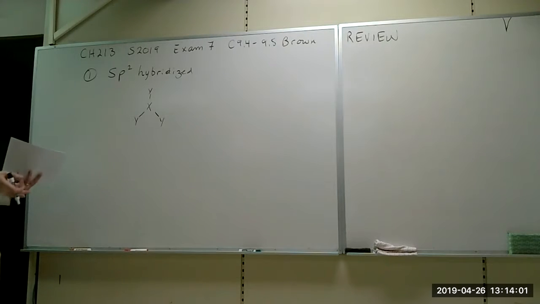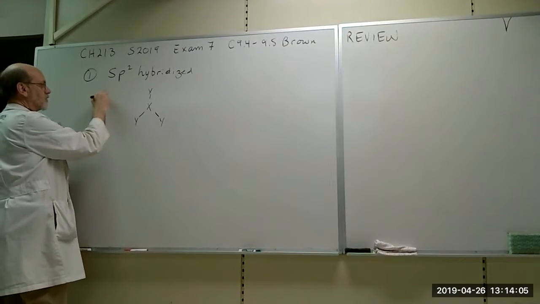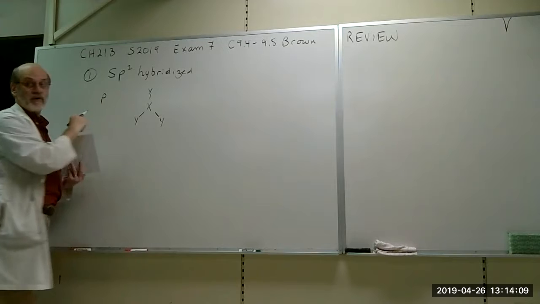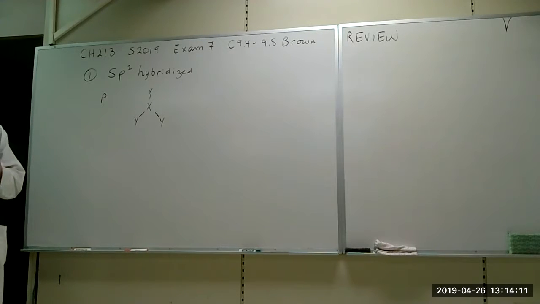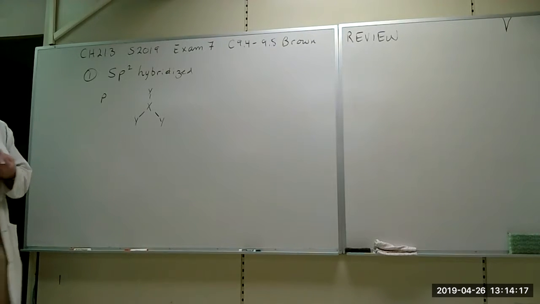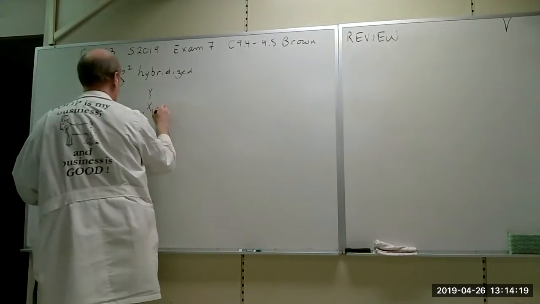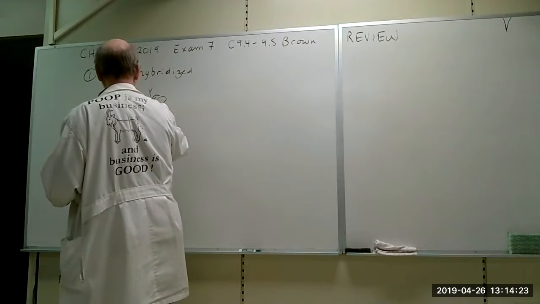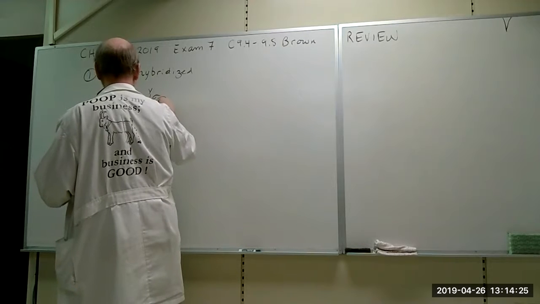So what does that leave us? That leaves us with an unused p orbital, unhybridized p orbital. Right? So those p orbitals will overlap and form a pi bond, because these are all sigmas. So you have an unused p orbital that can overlap.